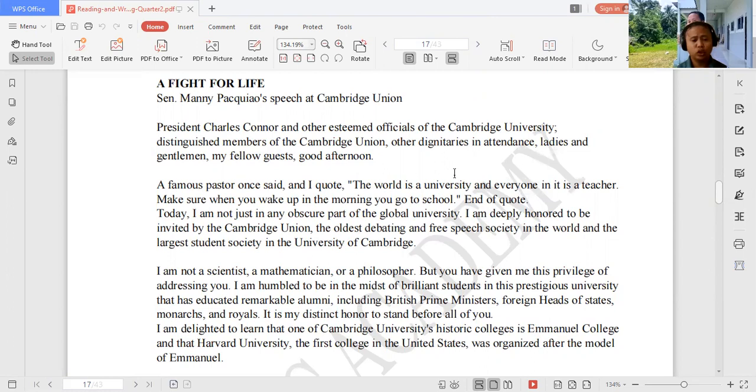I am delighted to learn that one of Cambridge University's historic colleges is Emmanuel College, and that Harvard University, the first college in the United States, was organized after the model of Emmanuel.